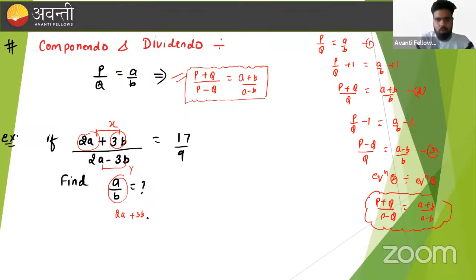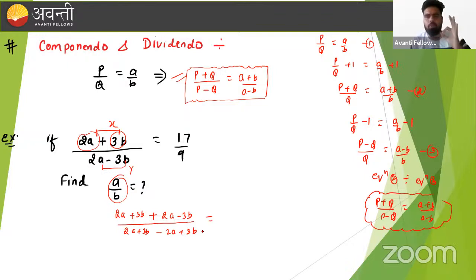So we can say 2A plus 3B is acting as x. So x plus y, how can we write it down, beta? That is 2A, and what is the value of y? Minus 3B, divided by x minus y. So this can be written as minus 2A plus 3B. On the right side, we have to perform the same thing.